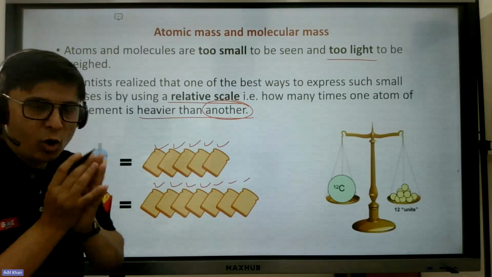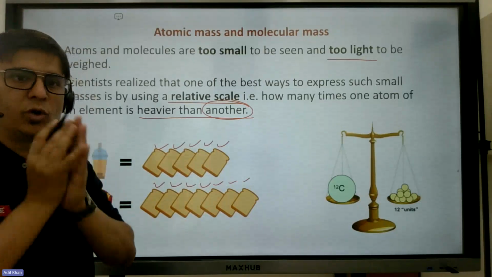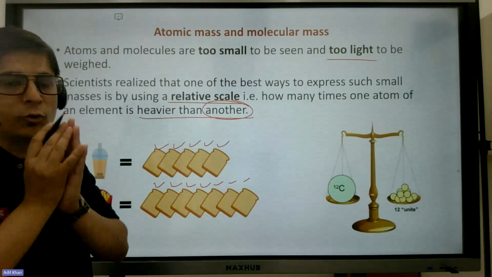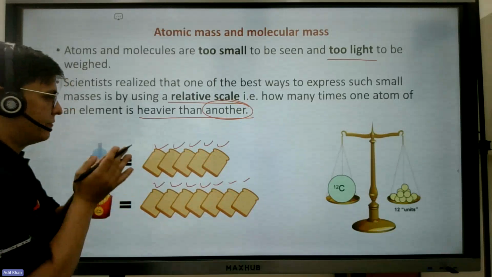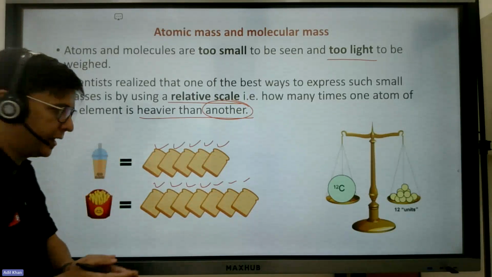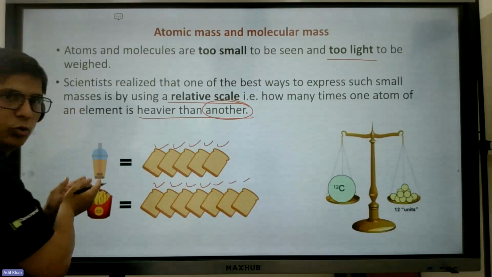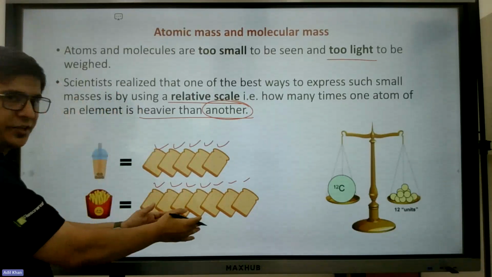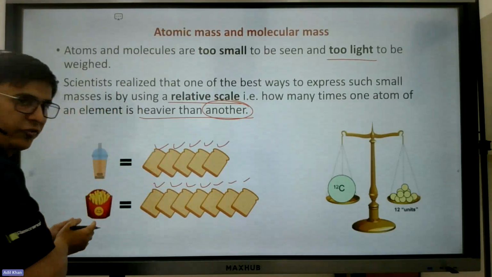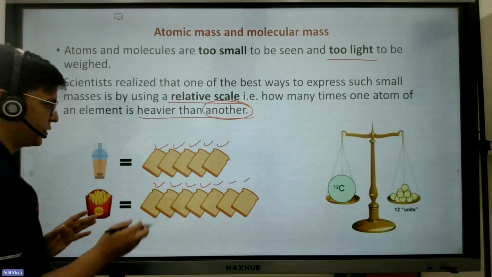So whether you are at Bangalore International Airport or Mumbai or Dubai International Airport, if standardization is done globally, 5 pieces of bread slice is equivalent to cold coffee and 7 pieces of bread slice is equivalent to French fries. This is called standardization.